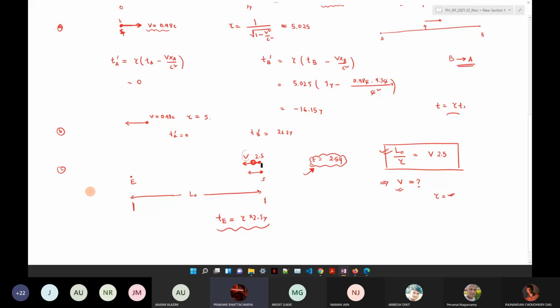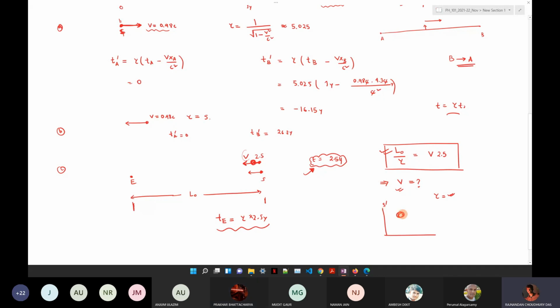Bhaiya, won't it be divided by gamma? I mean, the time by the spaceship will be less, right? Here, the time measured by Earth should be less. No, see, there is a clock in the S prime frame. It is at rest with respect to this S prime frame.